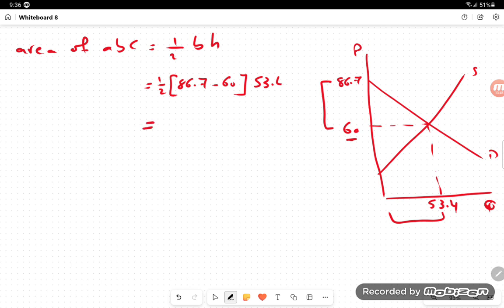So consumer surplus in this case will be 712.89. So this is what is saved for the consumers at price equal 60.